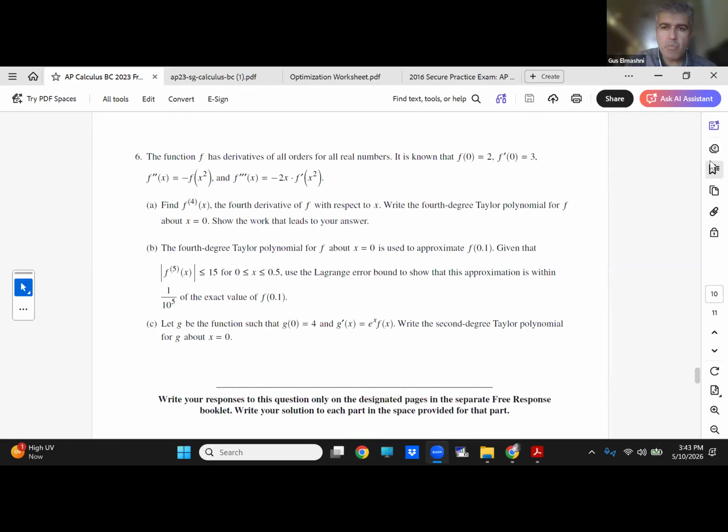It's a somewhat iterative process because you're using the regular function for f double prime and then f prime for f triple prime. This is a 4-point problem, part A, so it's kind of a big one.